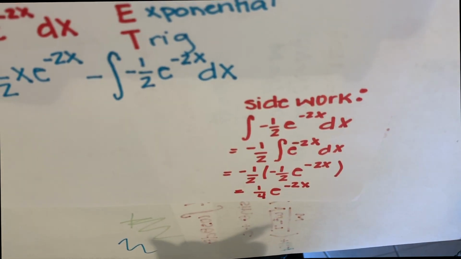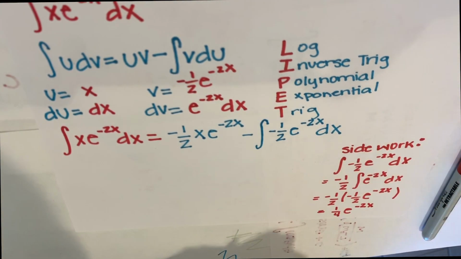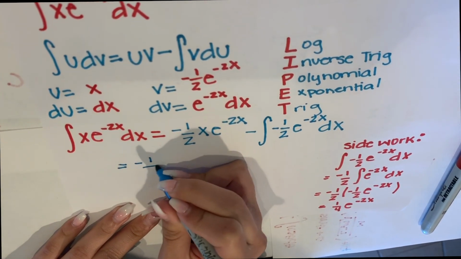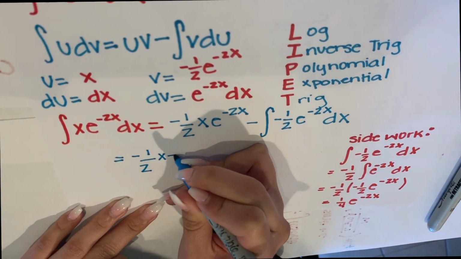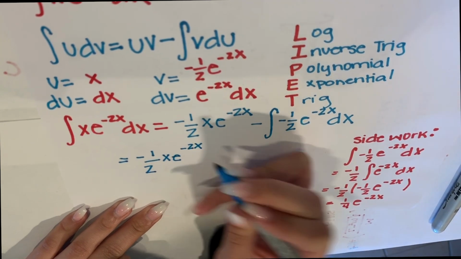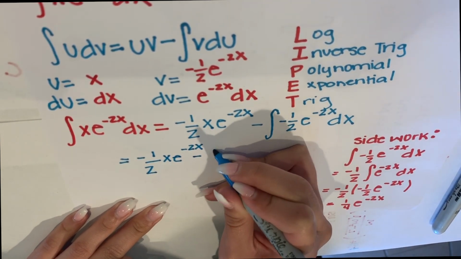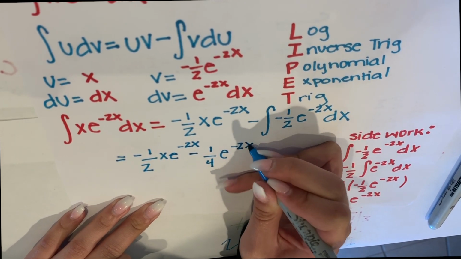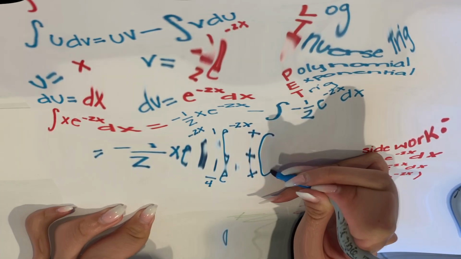So now we have our antiderivative. So this results to negative 1/2 x times e to the negative 2x minus 1/4 e to the negative 2x plus c. I got it!